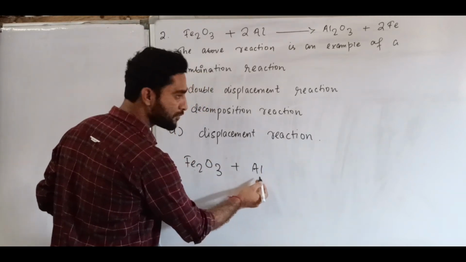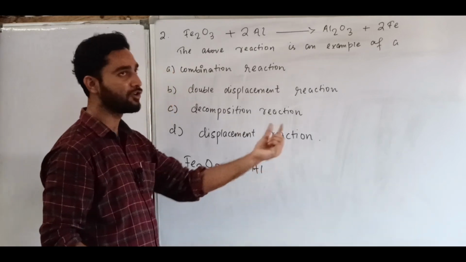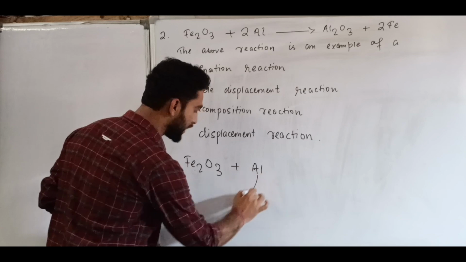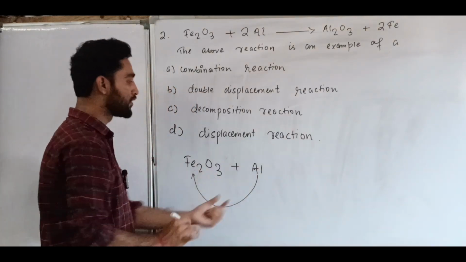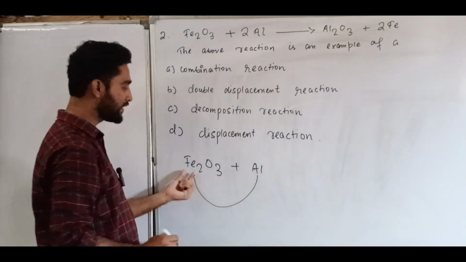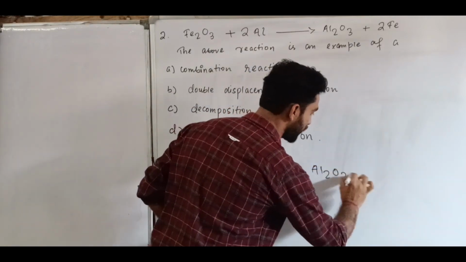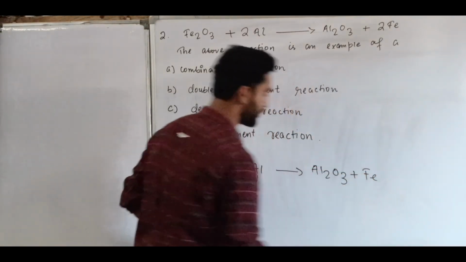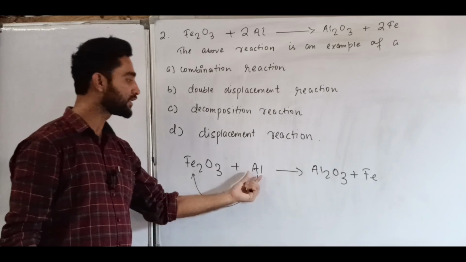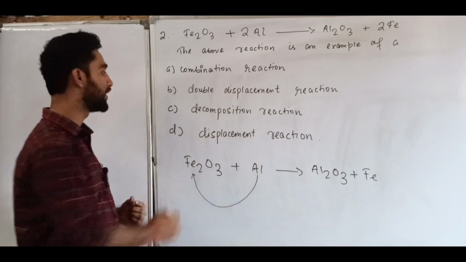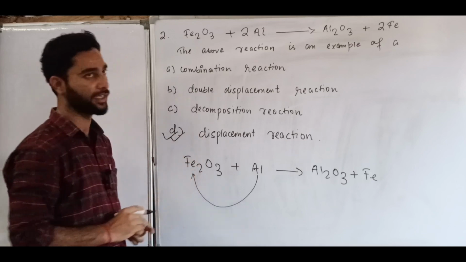Now aluminium is more reactive. In the reactivity series, aluminium is placed above iron. So aluminium is more reactive than iron. So aluminium easily can displace this iron and they form aluminium oxide plus iron. Since in this reaction the aluminium replaces the iron, it is an example of a displacement reaction.